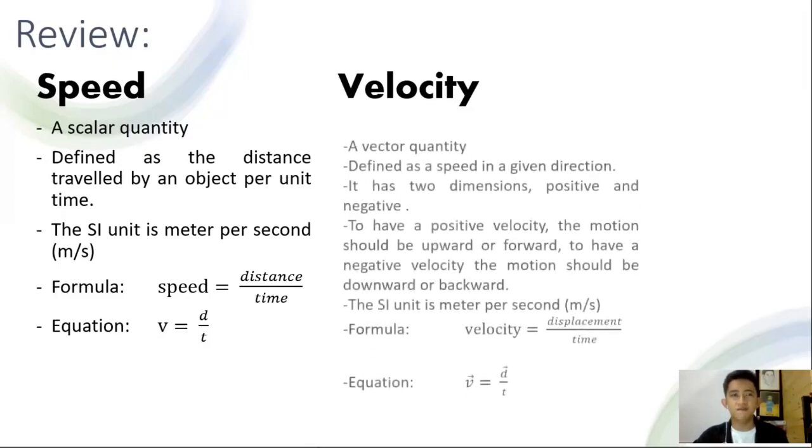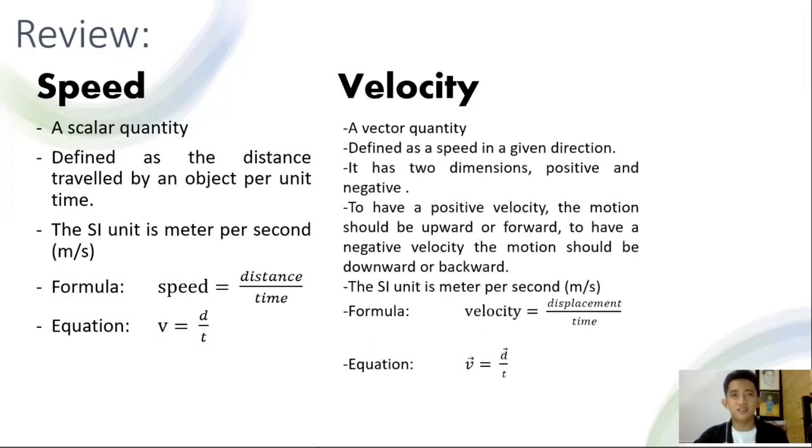On the other hand, velocity is a vector quantity. If you're going to remember, a vector quantity has both magnitude and direction. So we defined this as a speed in a given direction. It has two dimensions, the positive and the negative. When we have positive velocity, the motion should be upward or forward.